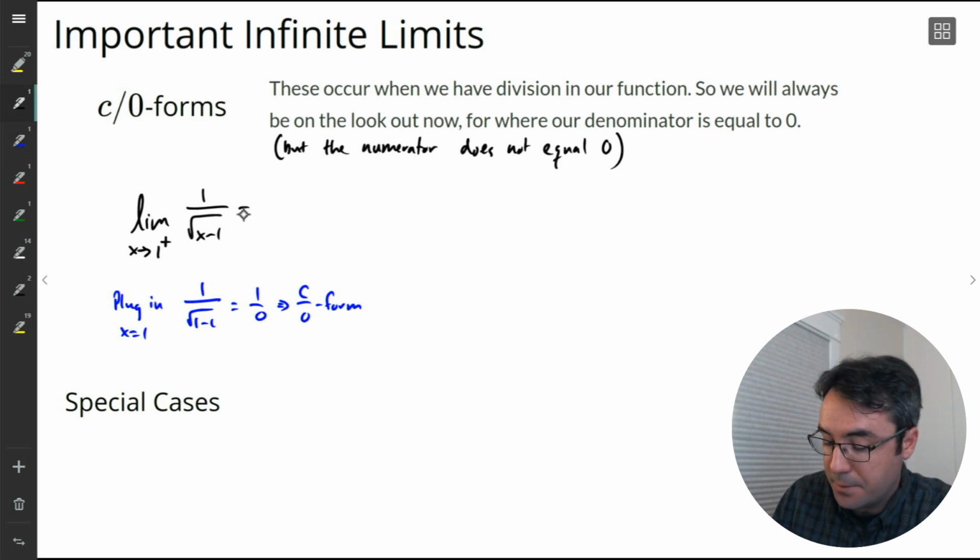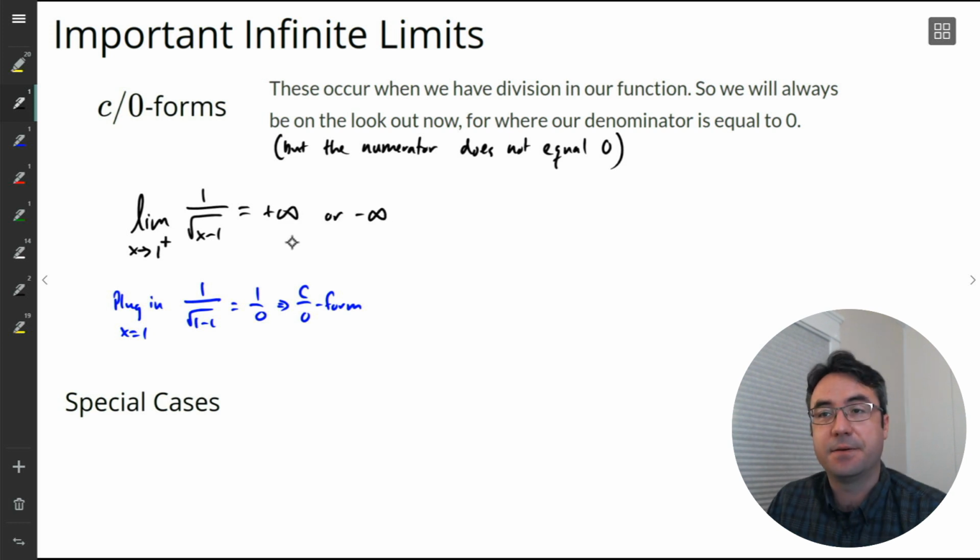It's either plus infinity or it's minus infinity. So these C over 0 forms always tell us that we have an infinite limit. We just have to decide, is it positive or is it negative? And the way we decide positive or negative is with a test number.